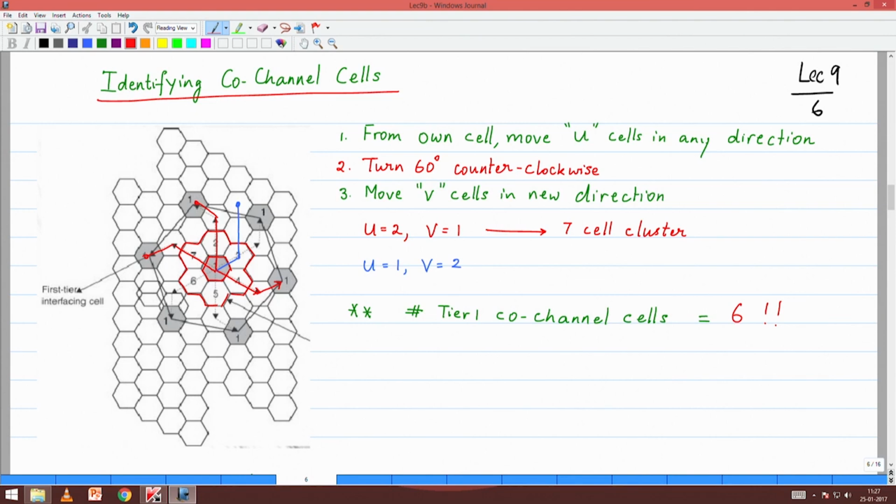And of course, using this method, how do I get to tier 2? From this cell, use the same principle: I can move 2 units, turn 60 degrees counterclockwise. That will be another cell that is using the same frequency. So in a hexagonal cluster, you can pretty much locate all the cells that are using the center frequency.